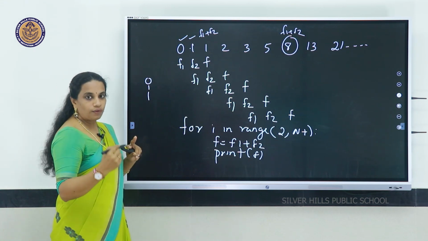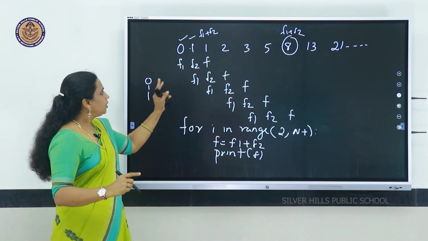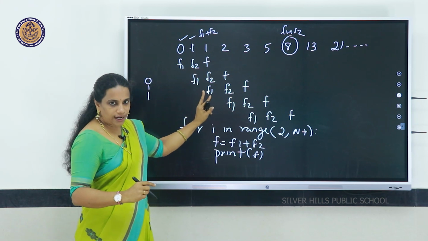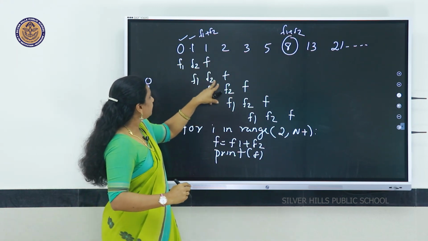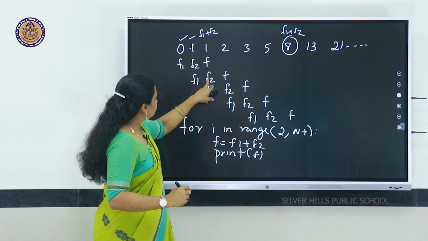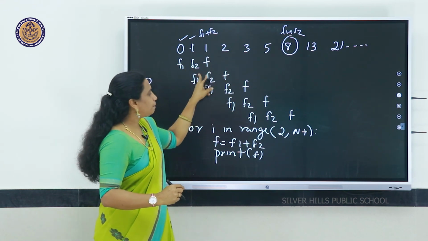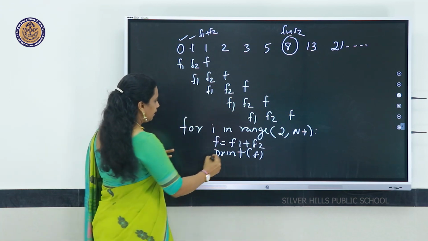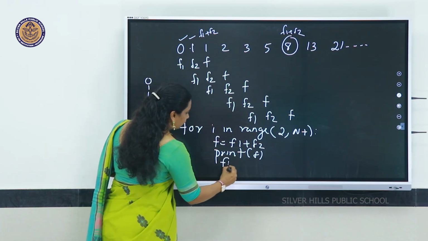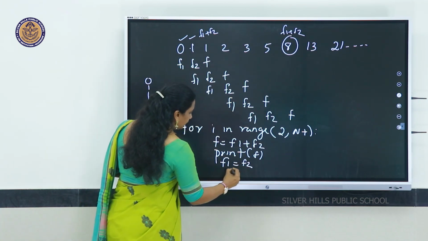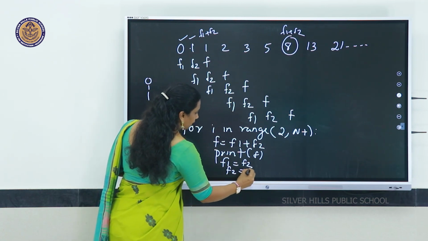Now, what do you have to do? What is the next important step? You have to interchange the values. That is, the value of f2 should pass to f1, and the value of f should pass to f2. Therefore, you can write f1 is equal to f2, then f2 is equal to f.